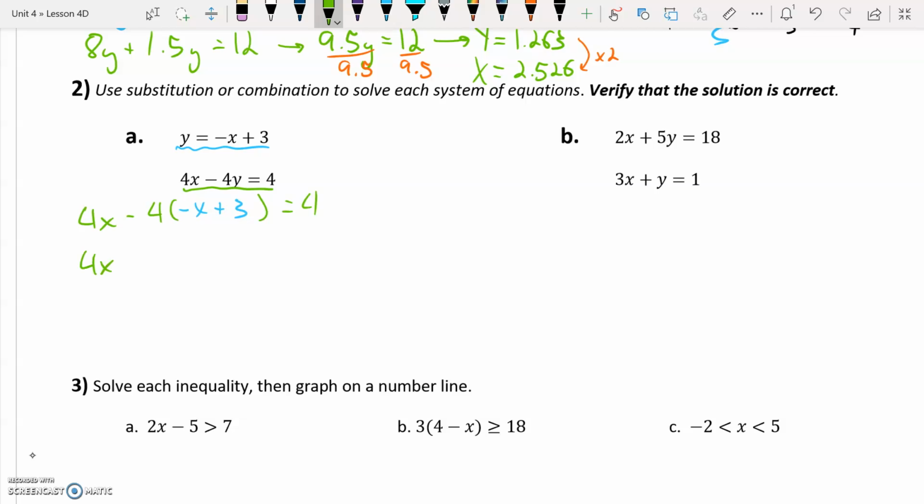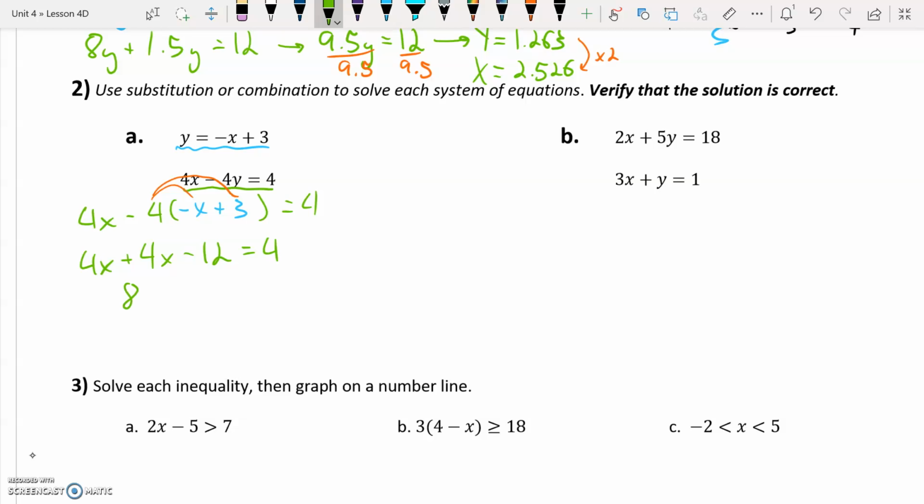So now we've got 4x minus 4 times, we're going to distribute. So negative 4 times negative 1, negative 4 times 3. And we will get plus, because negative 4 times negative 1 is positive 4. So plus 4x minus 12 equals 4.